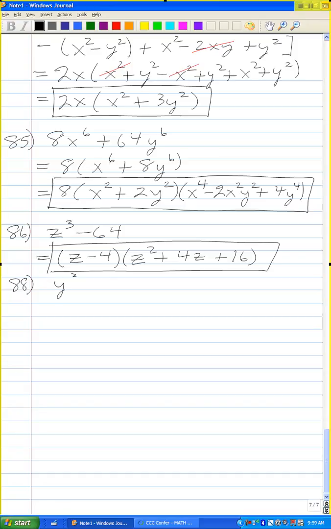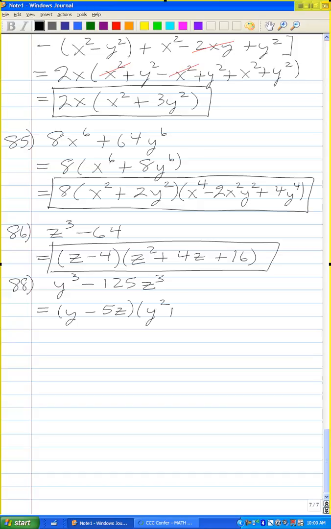Let me do problem number 88. y cubed minus 125z cubed. Again, difference of cubes. Cube root of y cubed, y. Cube root of 125z cubed is 5z. Square the first term, y squared.